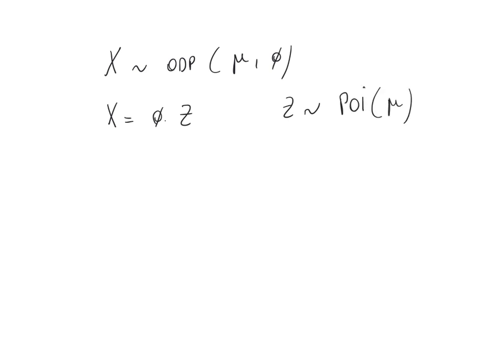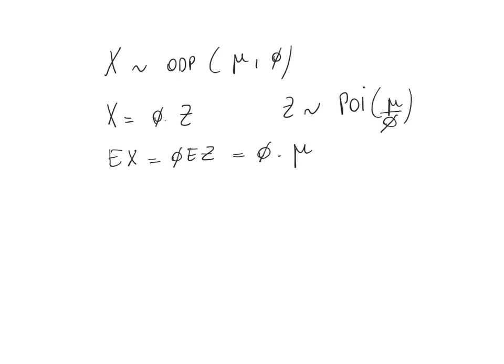That's what we do to cover. And that is, if you say X is from an ODP with mean mu and a dispersion parameter phi, then how can you generate a value from this distribution X? So what we're going to do is define X as phi times Z, and we're going to specify Z as from a Poisson distribution with parameter mu divided by phi, because then we know that the expected value of X is phi times the expected value of Z. And here I need to divide by the dispersion parameter.